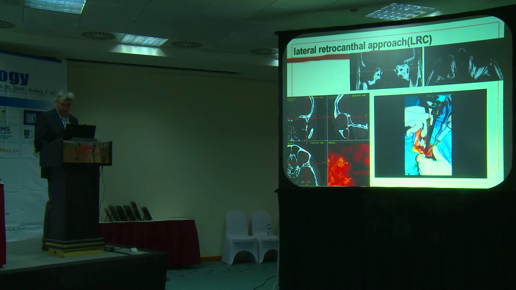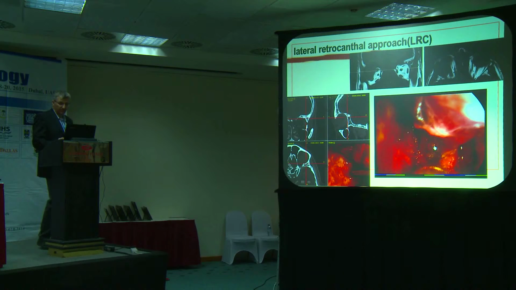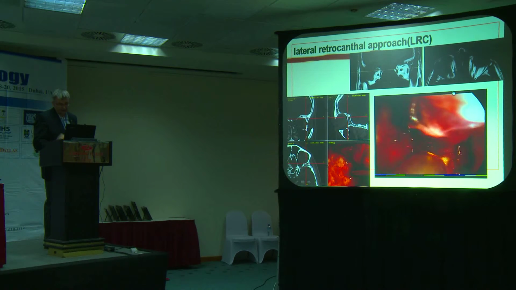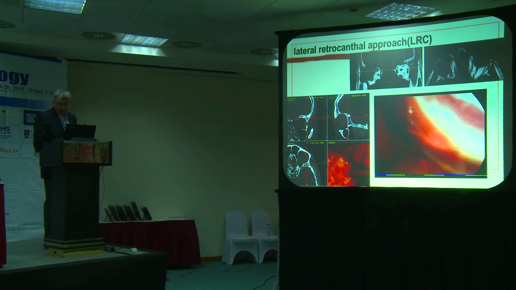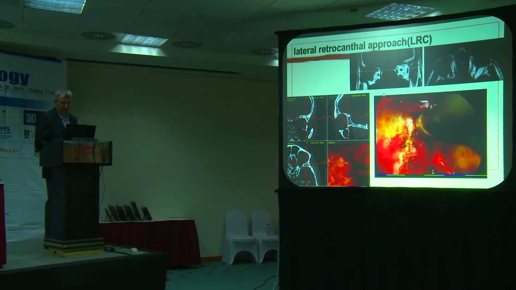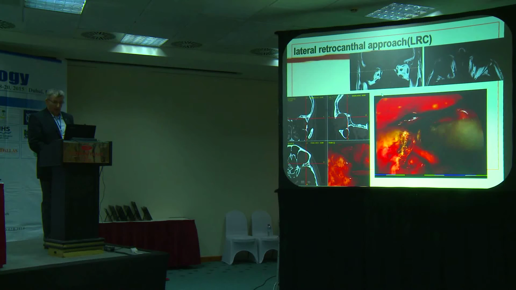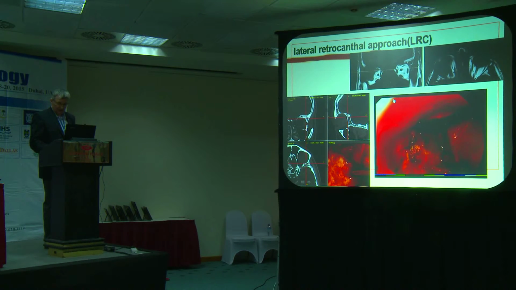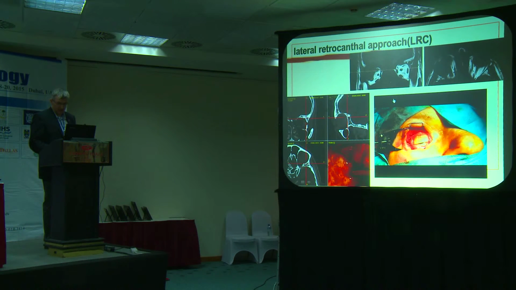In this case, we also used an ultrasonic aspirator, where it's safe. I mean, where it's at some distance from neural tissue, from the optic nerve, we can use ultrasonic aspirators. And we remove the tumor, create hemostasis, and suture the wound.